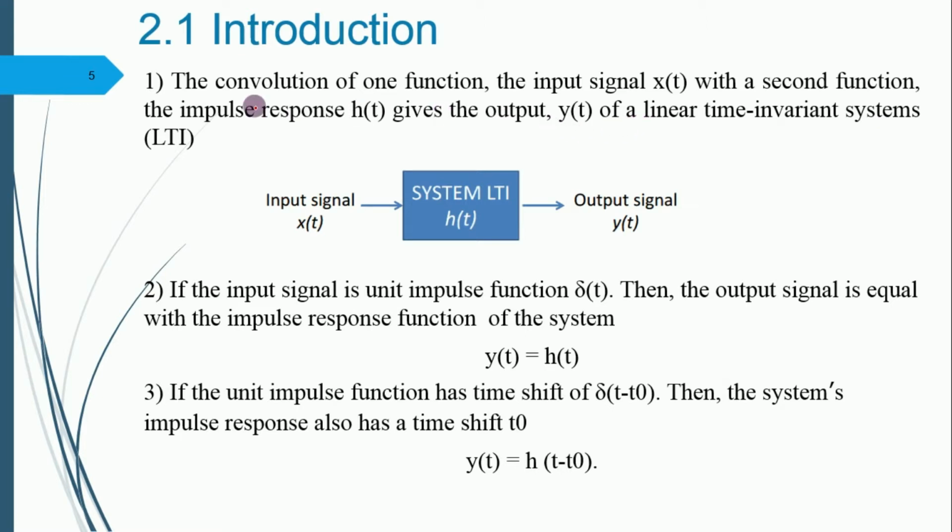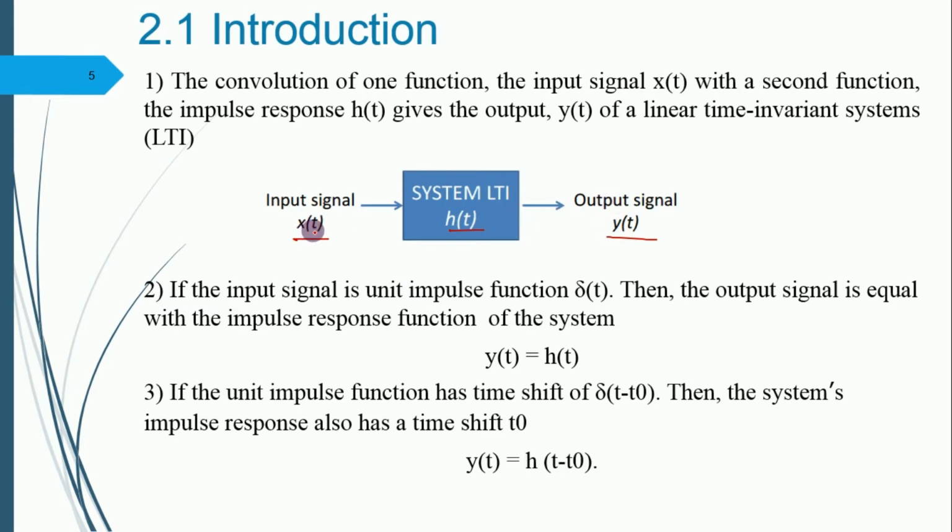Convolution means one function, that is input x of t, with the second function h of t, gives the output y of t by a linear time invariant system. That's it. When you give some input to a system with a function called h of t in a linear time invariant system, whatever output it produces, that is y of t.